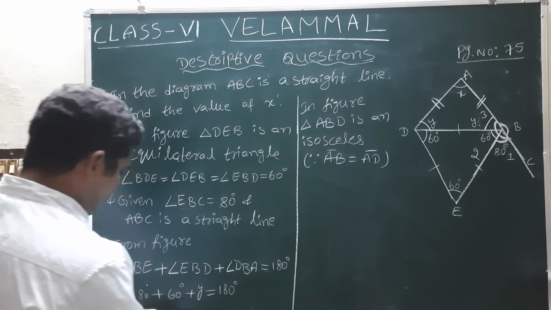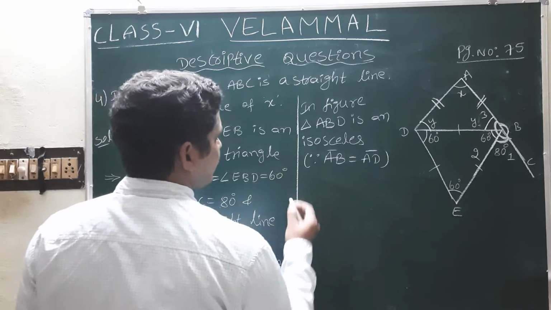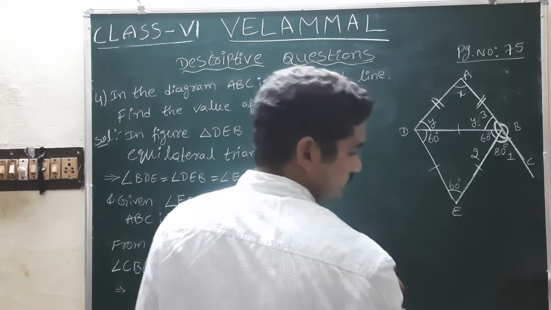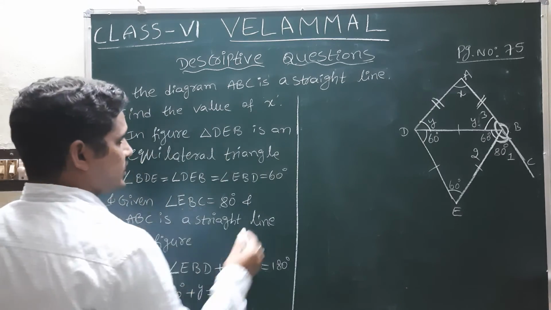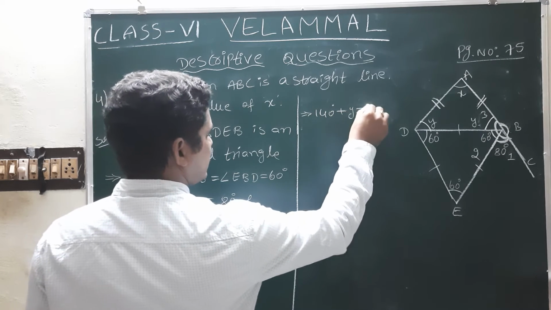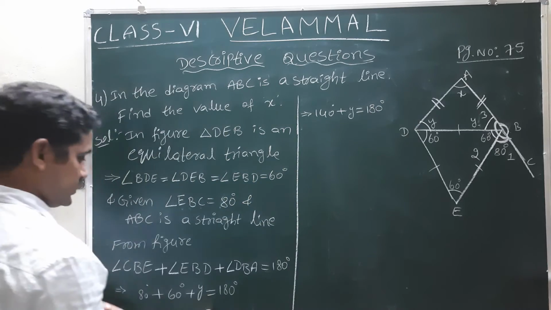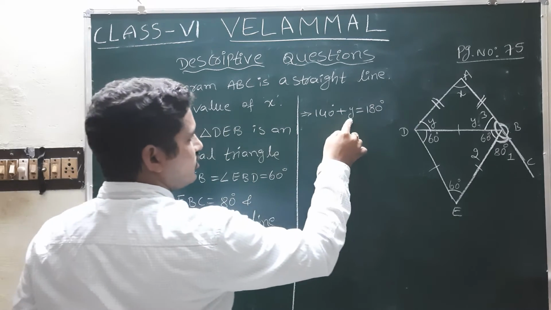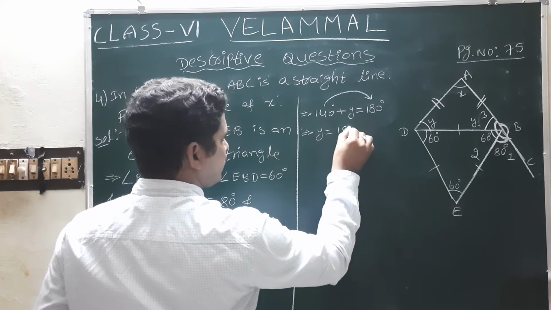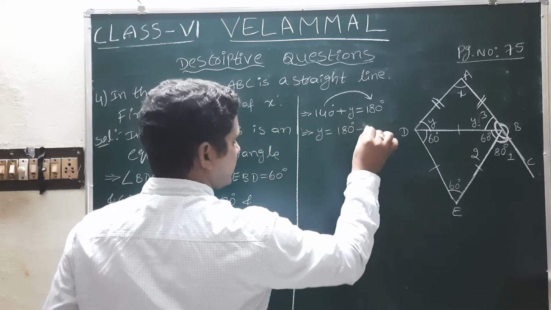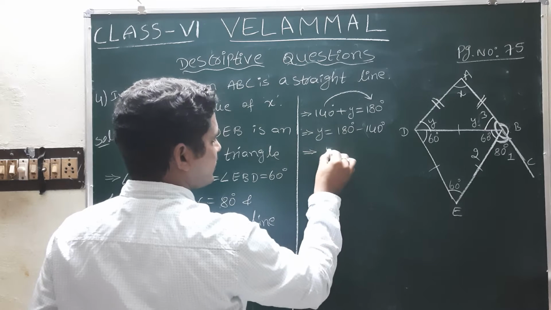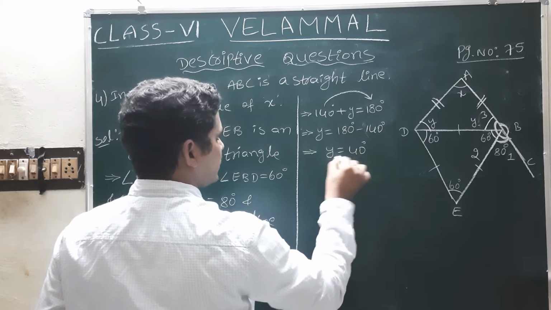So now if we simplify, 80 plus 60, 140 plus y is equal to 180 degrees. Actually the y value is needed, so 140 we are sending to this side. So y is equal to 180 degrees minus 140 degrees. 140 is positive on this side, if it comes to this side then it will be negative. So y is equal to 40 degrees.